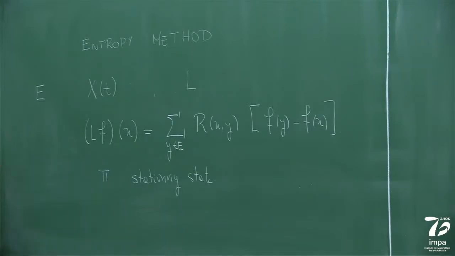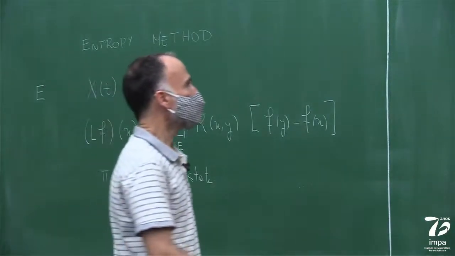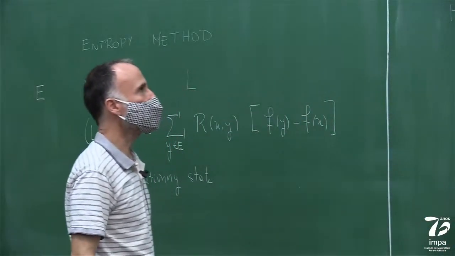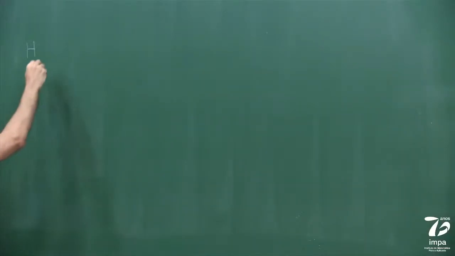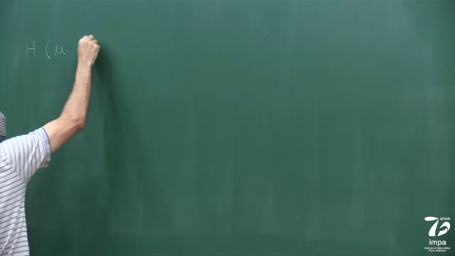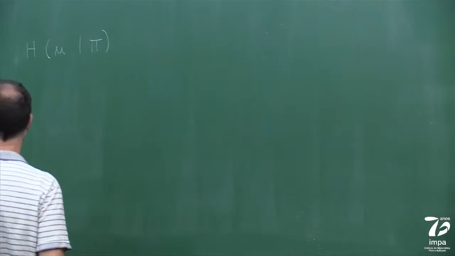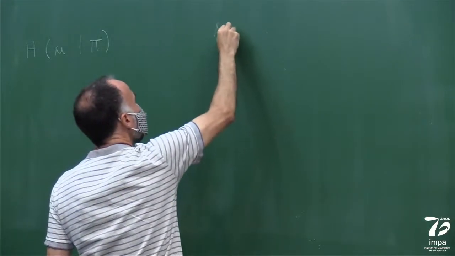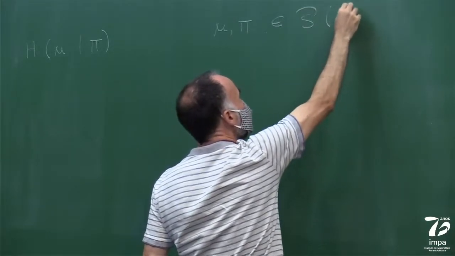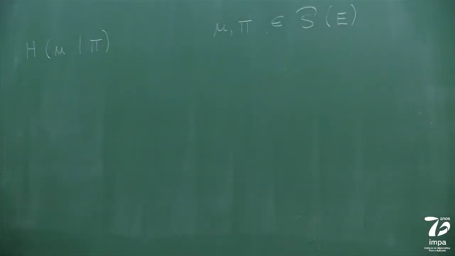So this is the context, and in this context I want to introduce the entropy and what's called also the Dirichlet form. So the entropy will be some sort of distance between probability measures. So I want to define the relative entropy of a probability measure mu with respect to the stationary state pi. So mu and pi are probability measures in E. And the entropy will be defined by a variational formula.